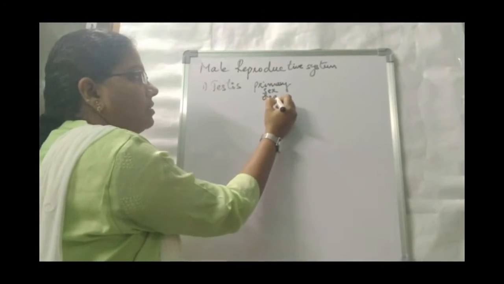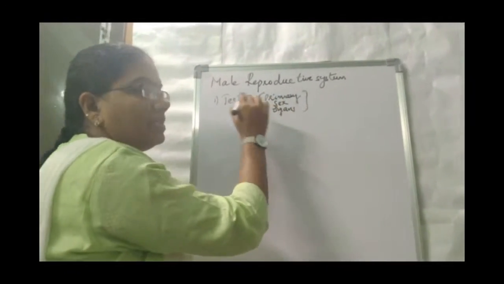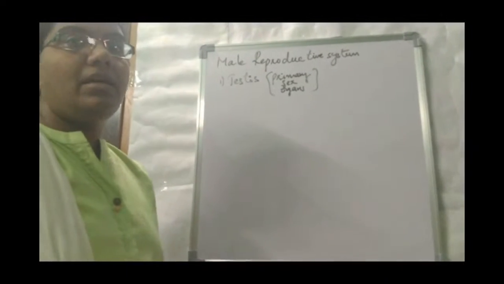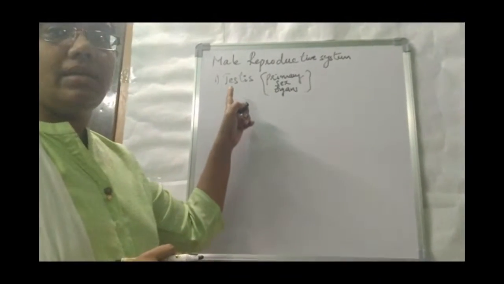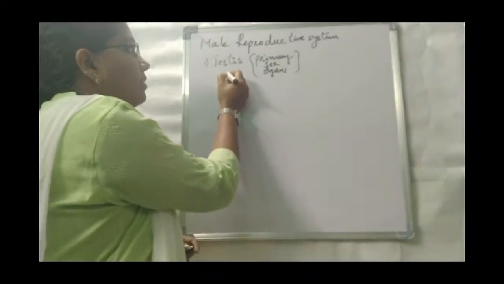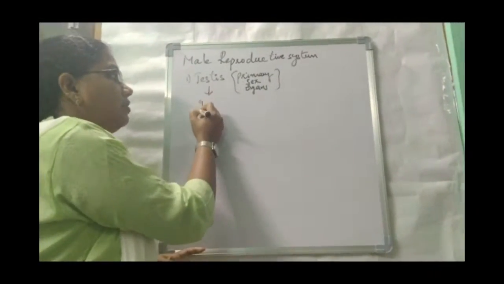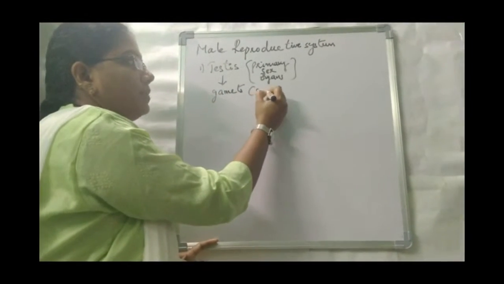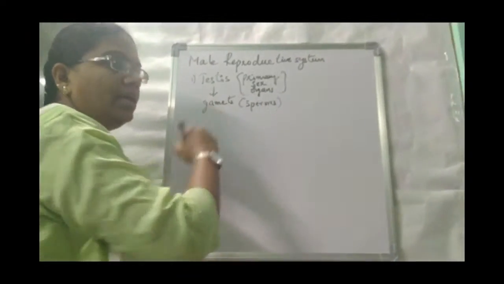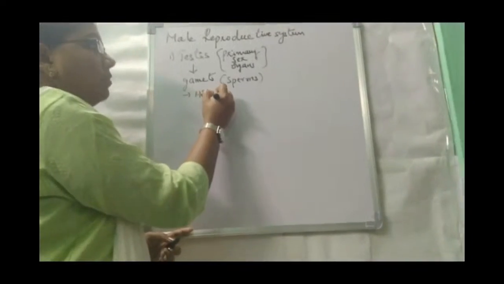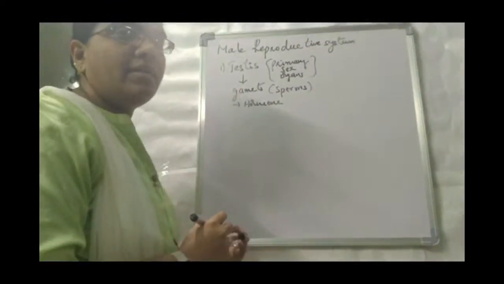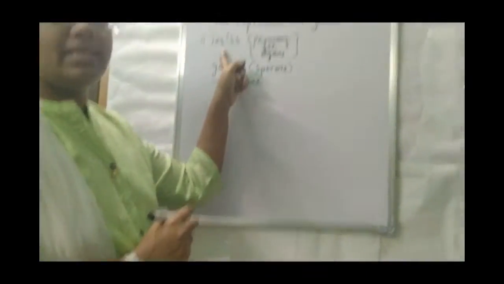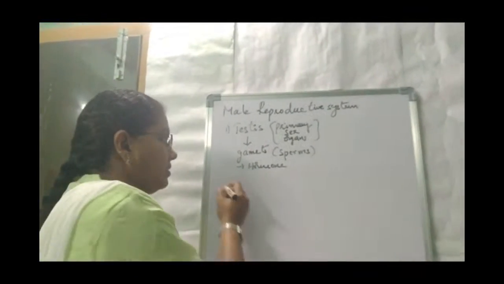They are called primary sex organs because gamete formation takes place here. What is the main role of the testis? To produce the gametes. What are the gametes here? Sperms. Sperms are called male gametes, and there are also some hormones useful in the reproductive process. The primary sex organs are the testes.